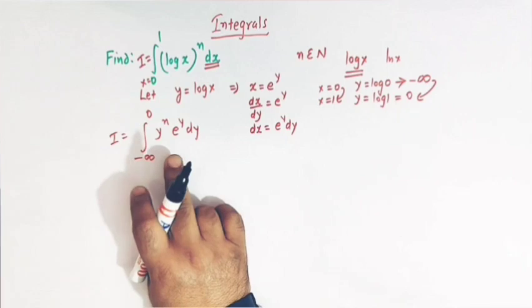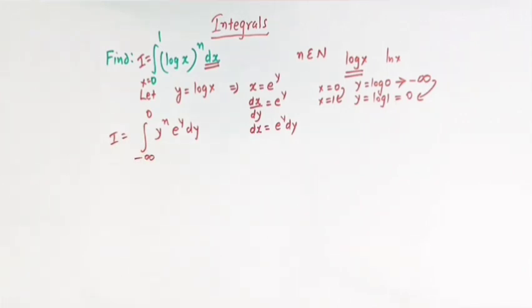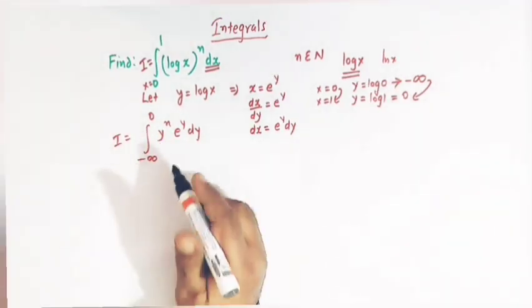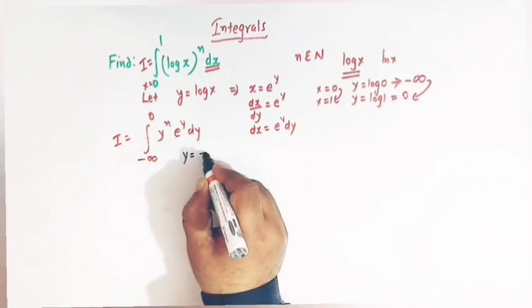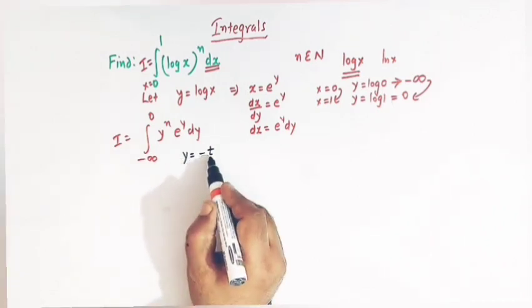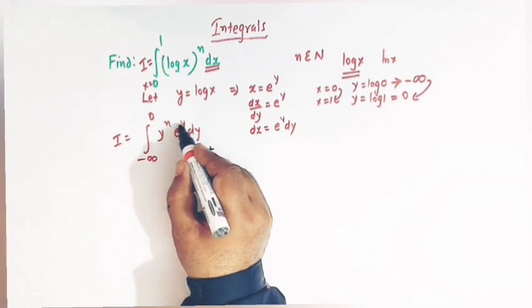Now to move further, we will again make use of the method of substitution. Let us further substitute y is equal to minus t, so that we have e raised to minus t.